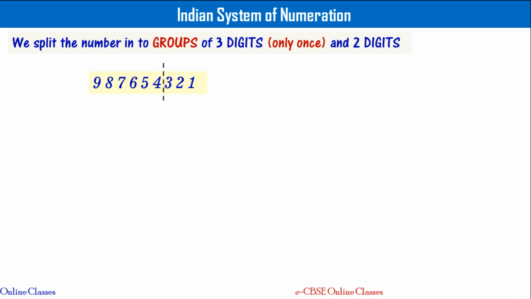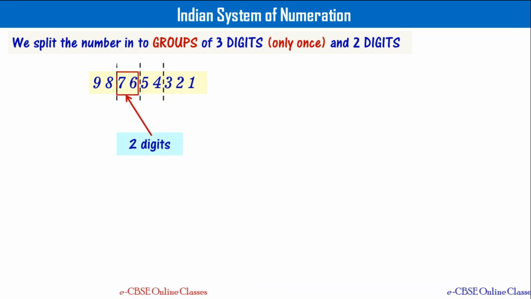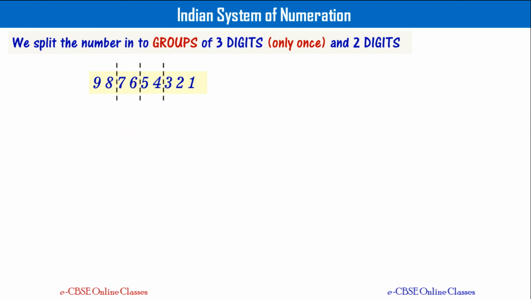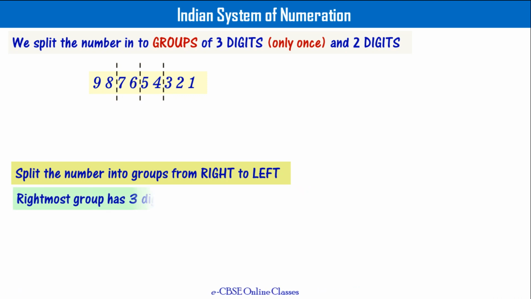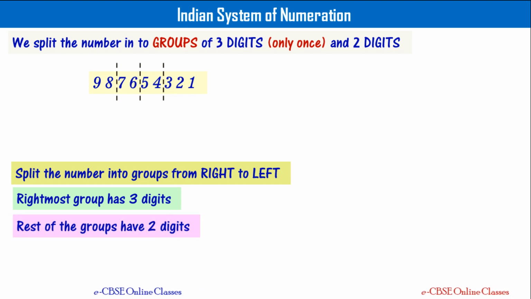The next group has got 2 digits, let's mark that. And the next group has got 2 digits, let's mark it. What we have done is we split the number into groups from right to left. The rightmost group has got 3 digits and the rest of the groups have got 2 digits, right?